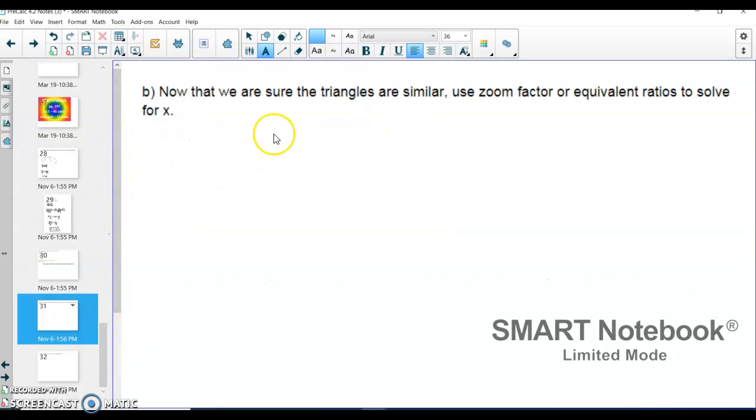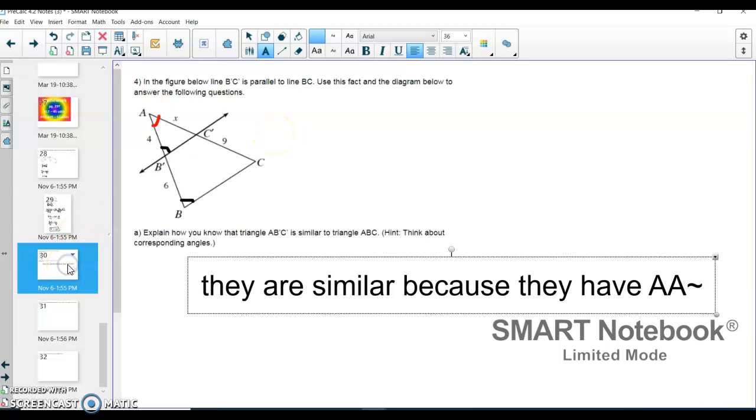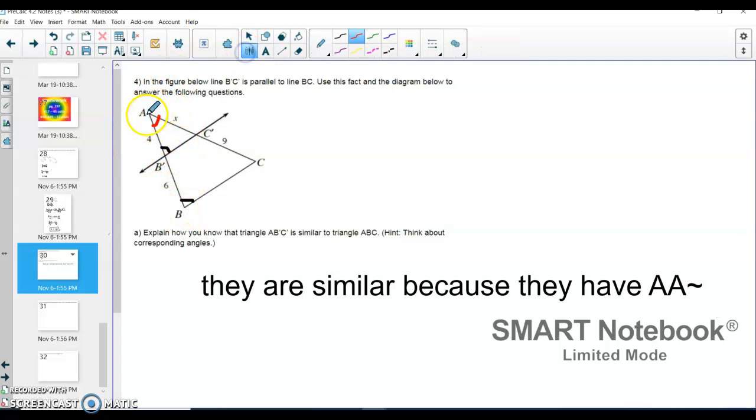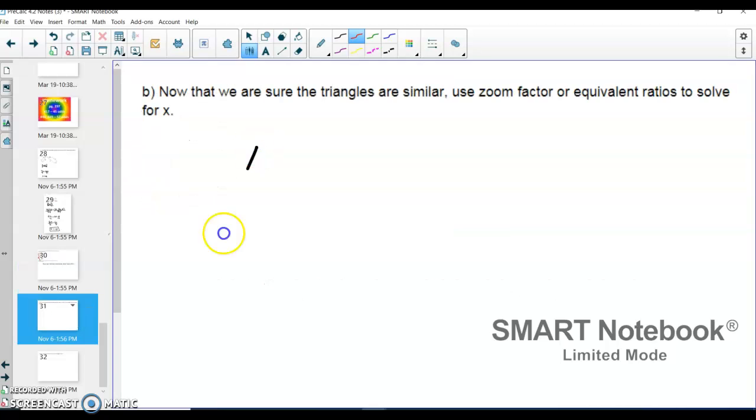Because these corresponding angles are congruent and they share angle A. Okay? Now that we know that these triangles are similar, we can use the zoom factor or equivalent ratios to solve for x. And what I have here is this full side length here, A to B, that equals 10. And I can draw this out too. I could make a triangle AB prime C prime.